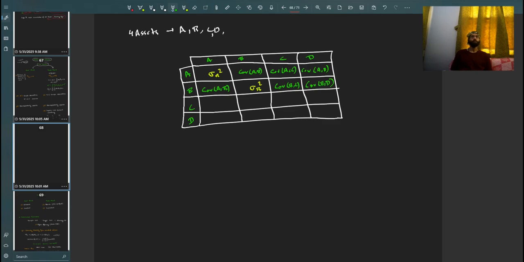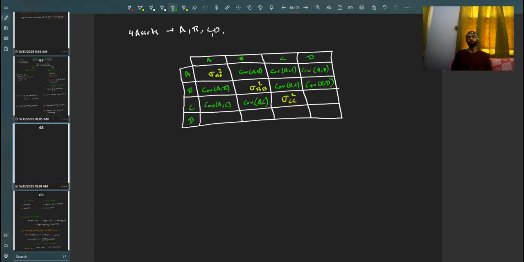Now the third row. In the third row, first box will have covariance of A with respect to C. Then we'll have covariance of C with respect to B. C with respect to B or B with respect to C, whichever way you write it is the same thing. Then you will have variance of C with respect to itself. So let me write it double A, double B and double C just to make it more understandable.